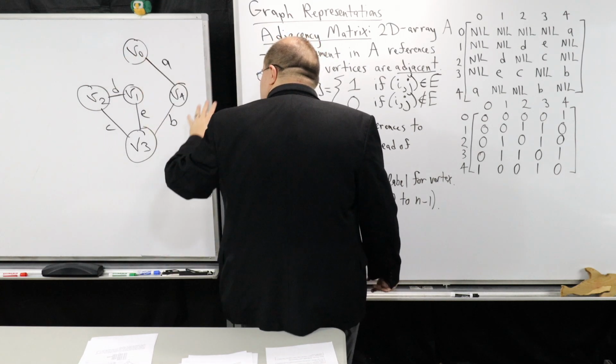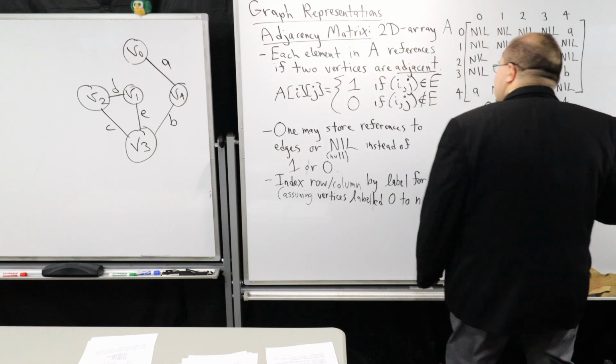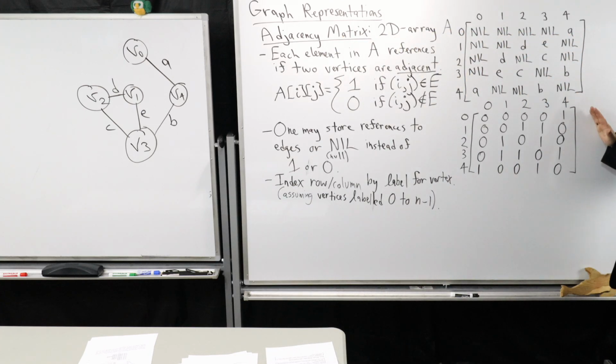And I've taken this picture here, and this is how you can represent that graph over there as an adjacency matrix using 1s and 0s. Just to be clear, when you're using an adjacency matrix, classically speaking, you have to have some way of labeling all the vertices so that they're numbers you can index in your two-dimensional array.